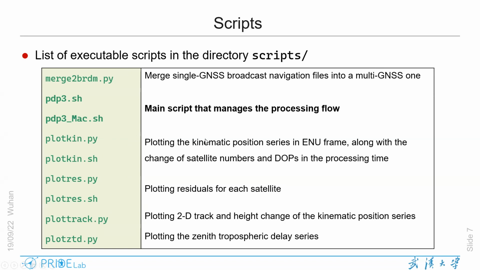Not only the processing results, but also the residuals, the zenith tropospheric delays, as well as the satellite numbers, and so on. The plotting scripts are written in Python or GMT, and they have the suffixes .py and .sh respectively.